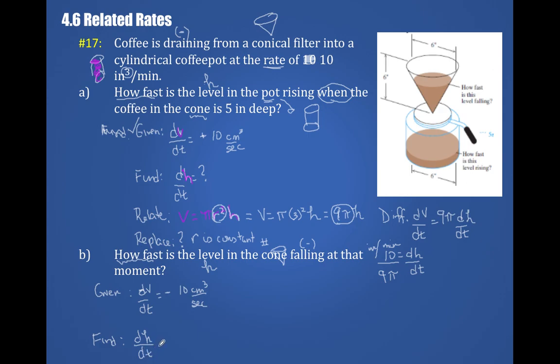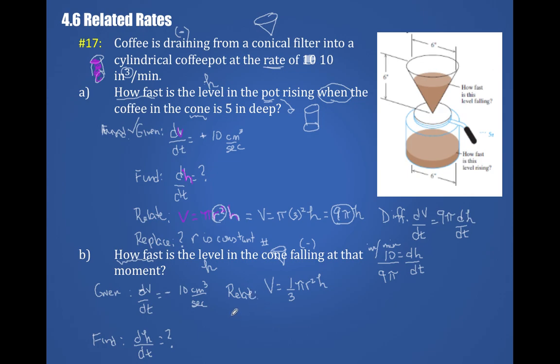But this time the height that they're talking about is in a cone. So when I do my relate step, I have to do the volume of a cone. So the volume is pi r squared h, the volume of a cylinder multiplied by a factor of a third.